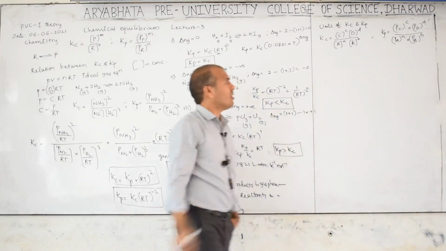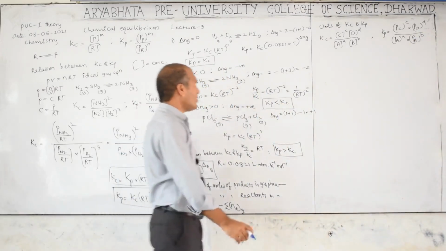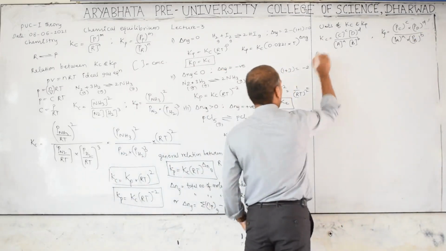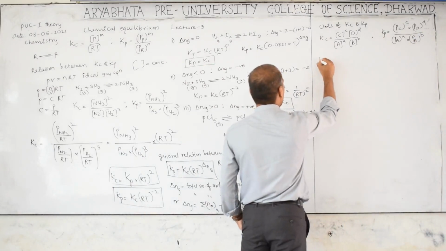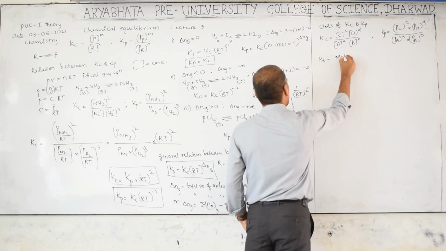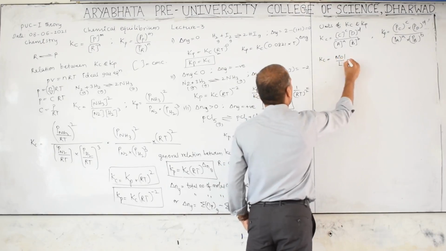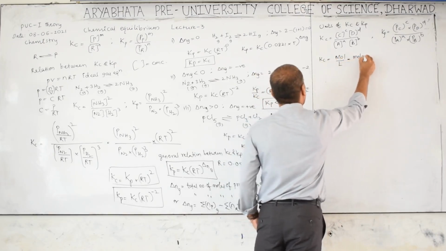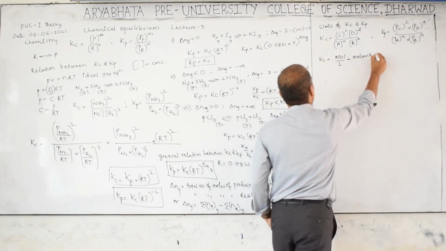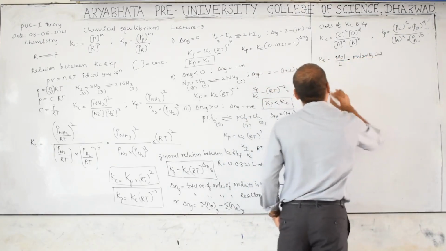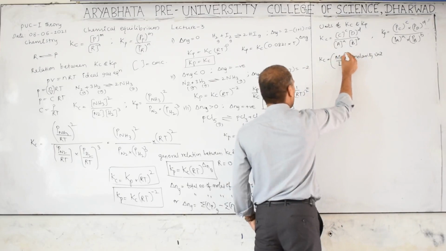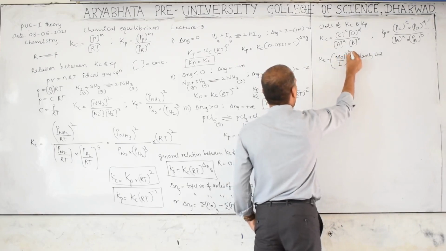Now, concentration means what? Kc unit is always taken as mole per liter, the molarity unit. Therefore, Kc unit is always mole per liter to the power delta N.